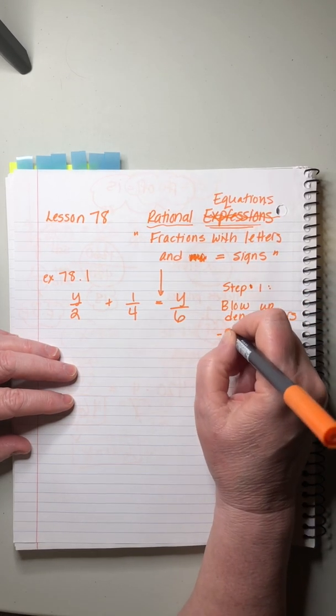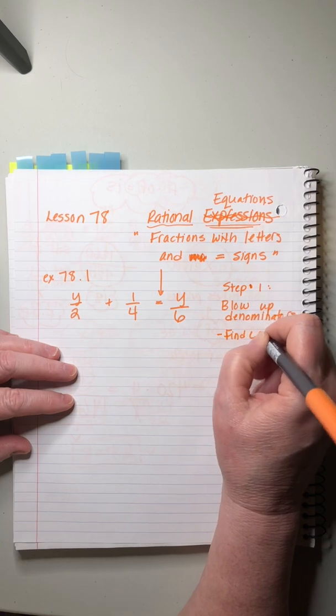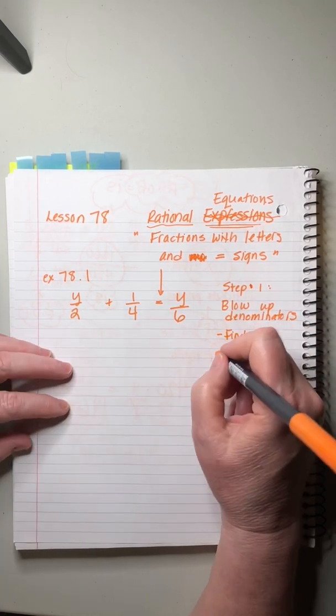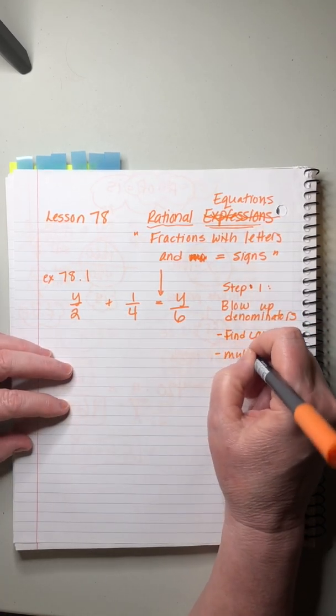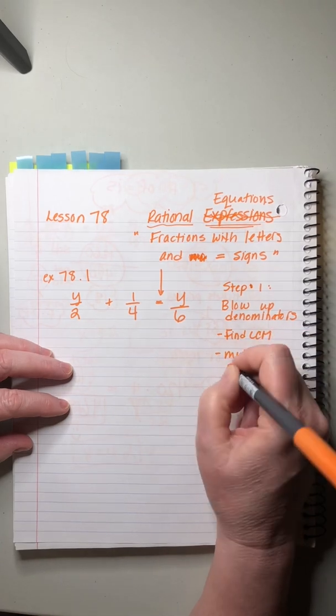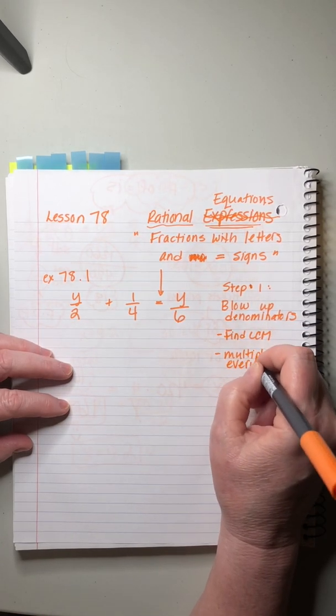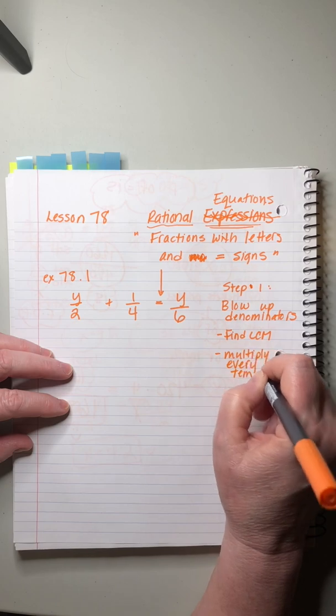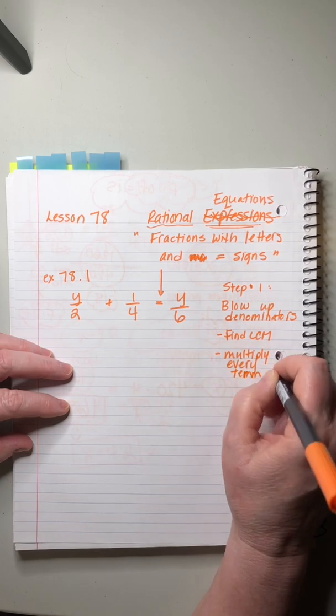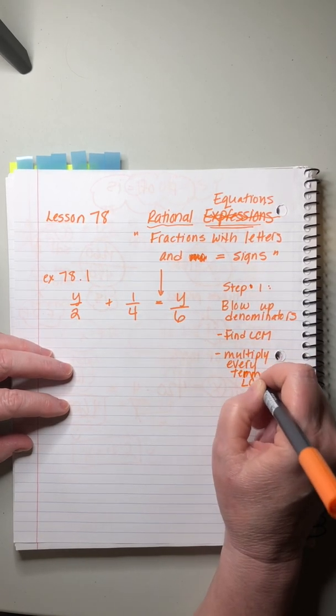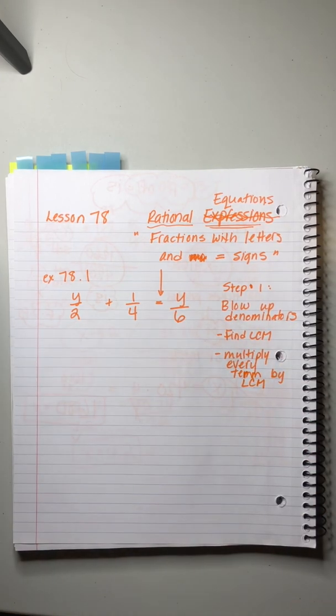And the way that we do that is we find the least common multiple, just like we always have in the past, and then we multiply every term by the least common multiple. I'll let you write all that down.